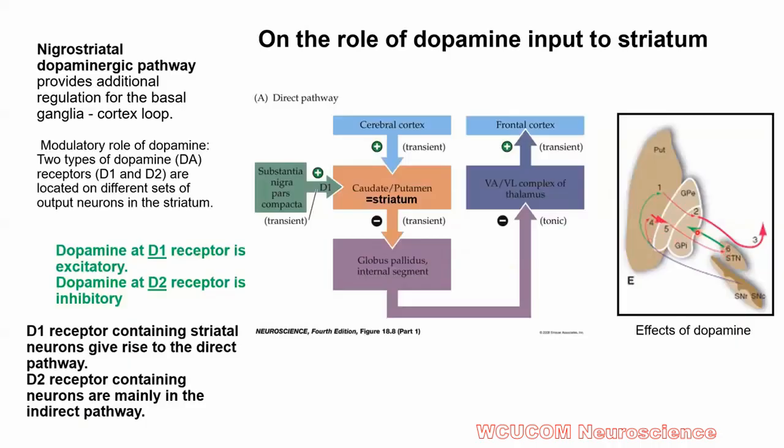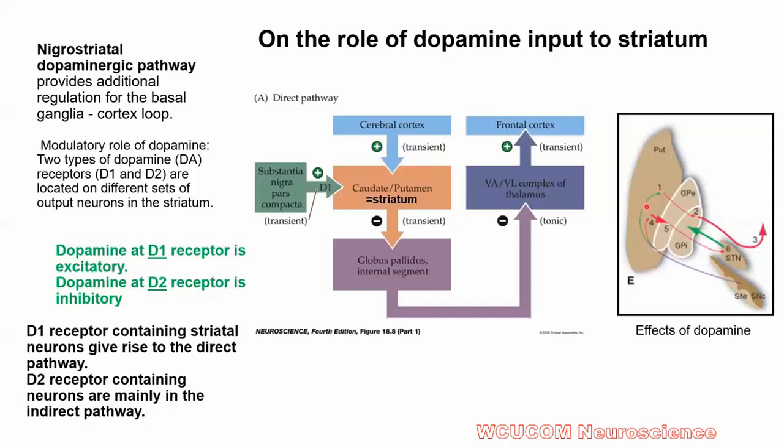Which is to say that the net effect of dopamine on the striatum is typically going synergistically with the gating and the permissive role of basal ganglia on movement initiation.